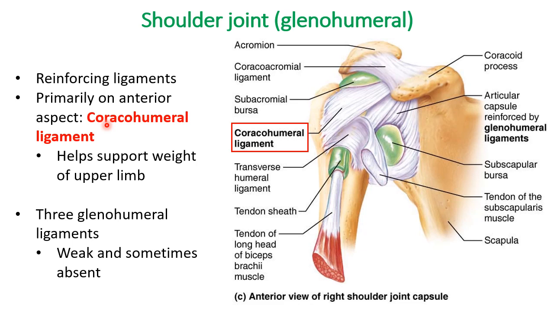So you have this coracohumeral ligament, and yeah, this doesn't even sound like an English word, right? But here it says humeral and it says ligament. So you should remember that this has to do with this ball and socket joint and is there for added stability.